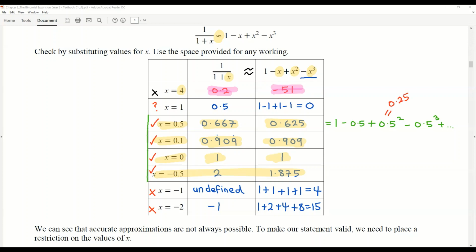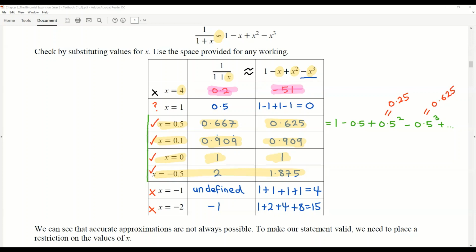And if I cube 0.5, I get 0.625. So what we're doing is we're adding smaller and smaller values every single time.